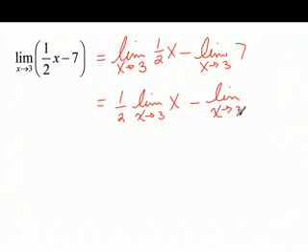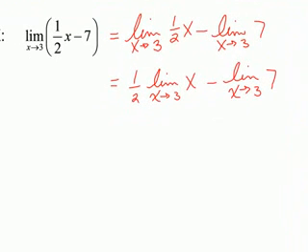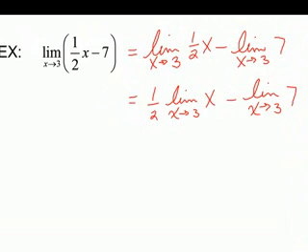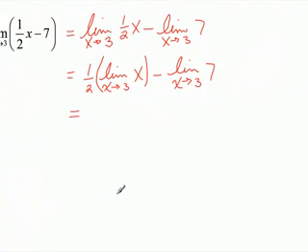Now notice, after that first step I could go ahead and evaluate the limit as x approaches 3 of 7, but I want to wait and do all my limit evaluations at once. And notice that I also write down the limit as x approaches 3 in each step. That's important. You've got to write that limit notation until you actually work the limit, which we're going to do now.